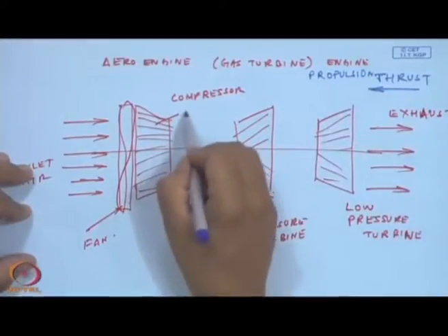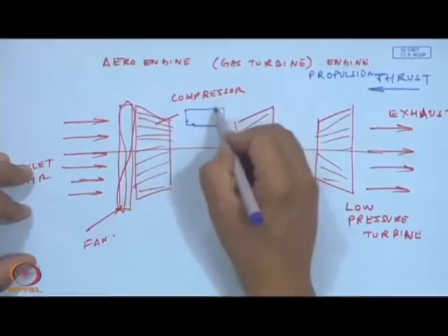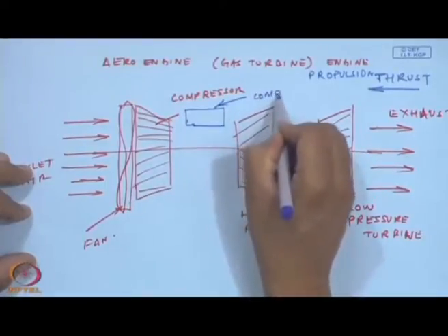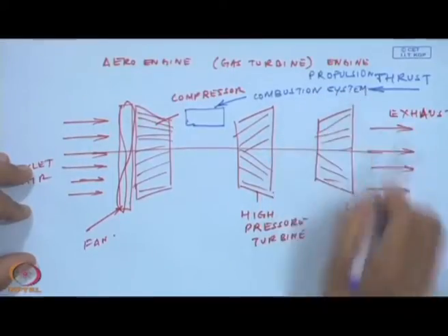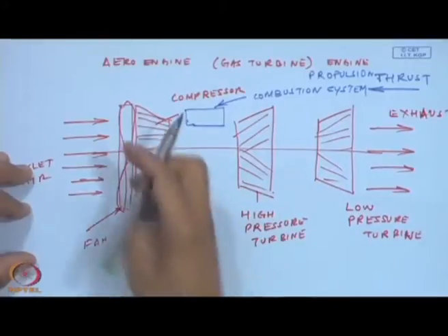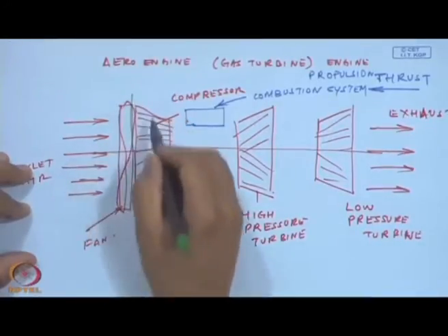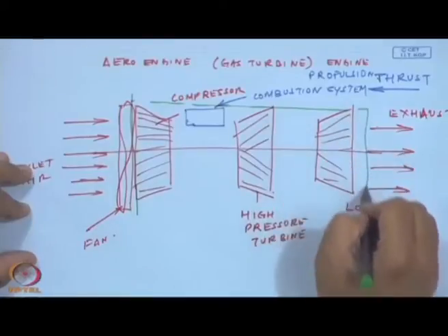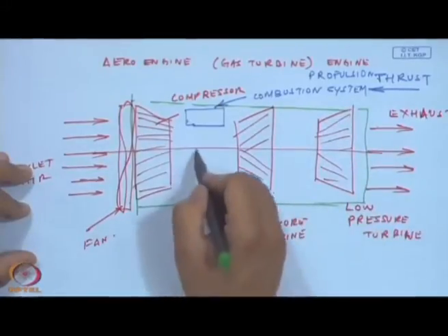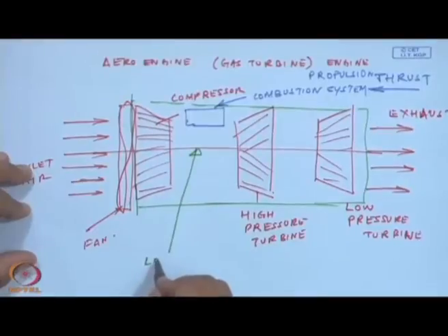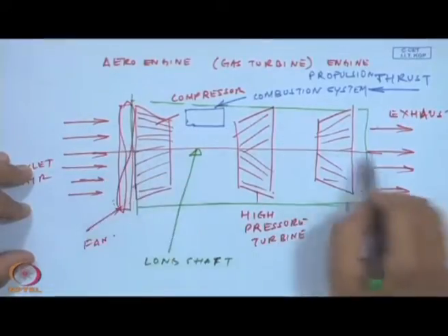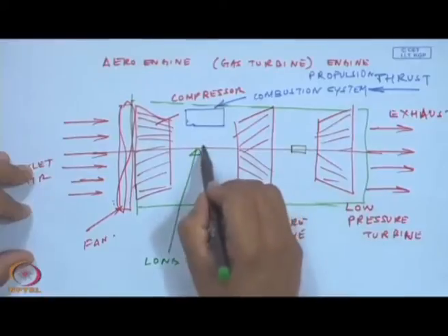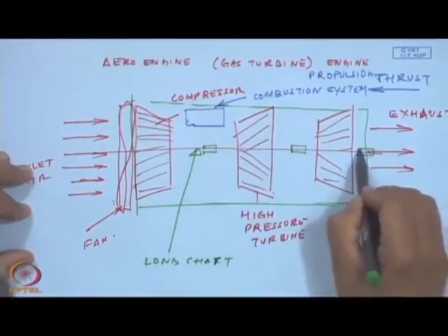Of course, in between we have the combustion system. I am not going to go into details of the gas turbine, but essentially our domain of interest is this portion drawn here in red, and this portion here, which is the long shaft, supported maybe on intermediate bearings.